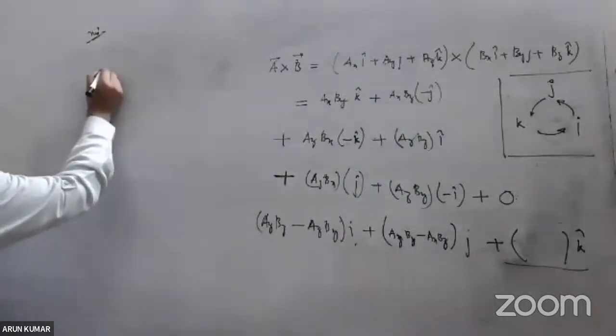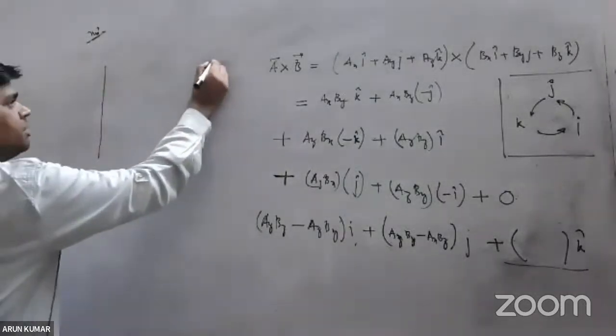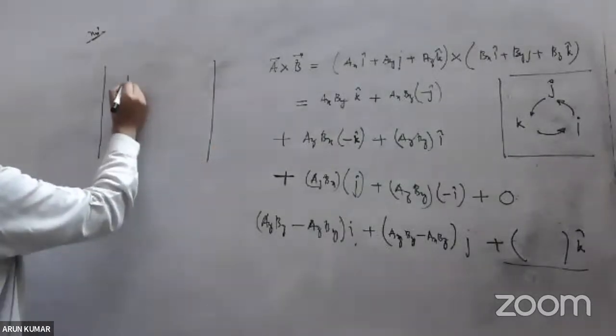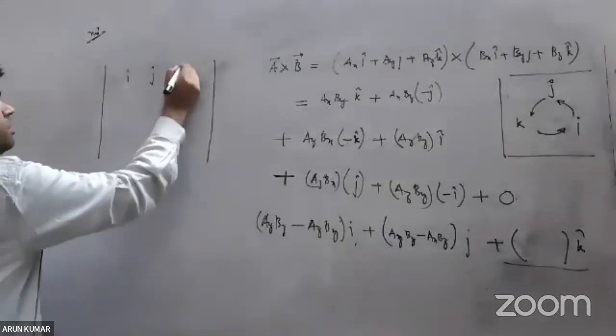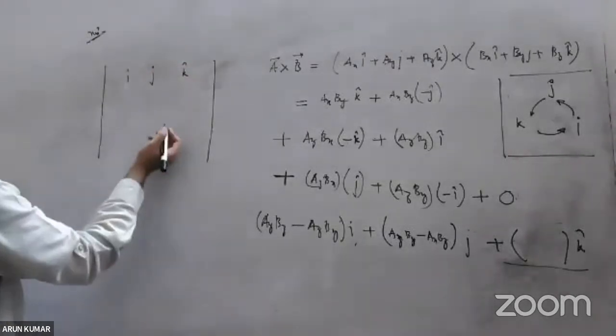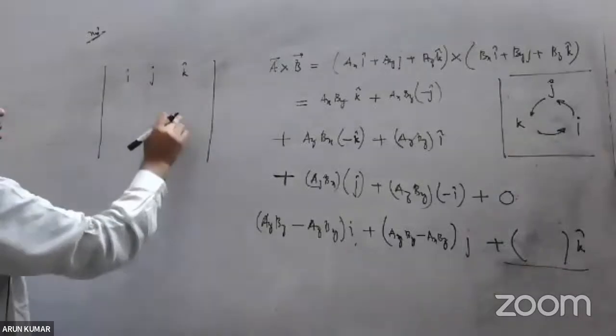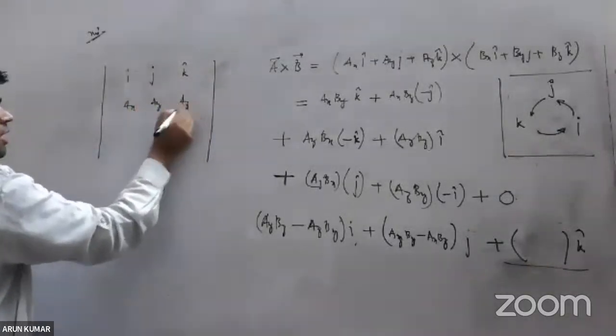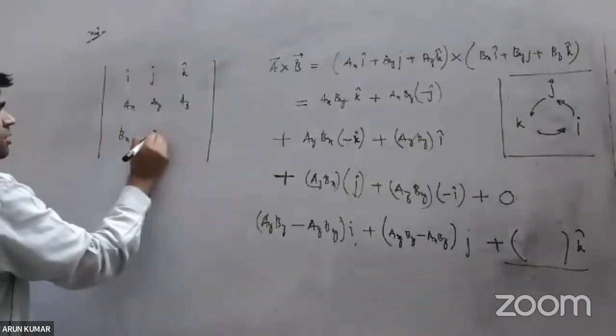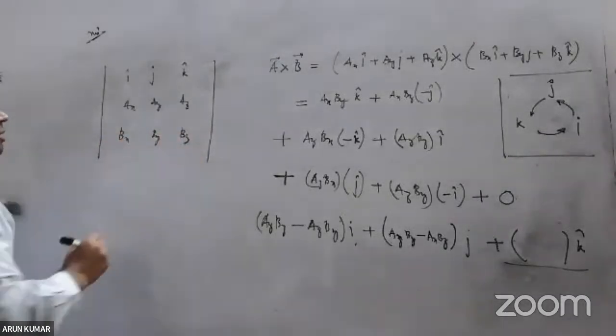I've got two vectors I have to write down: i component, j component, k component. What are the two vectors? ax, ay, az and bx, by, bz.